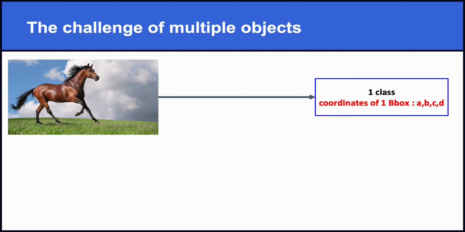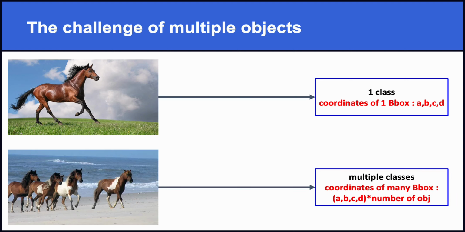However, it all becomes tricky once we have to detect multiple objects. So as we can see in here, if we had to detect all of these horses, our model would have to output as many vectors or as many bounding boxes as there are objects. And beforehand, so at the beginning, our model cannot know how many objects it is going to detect.